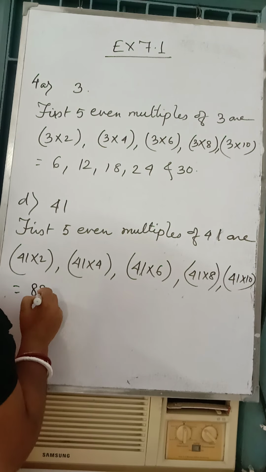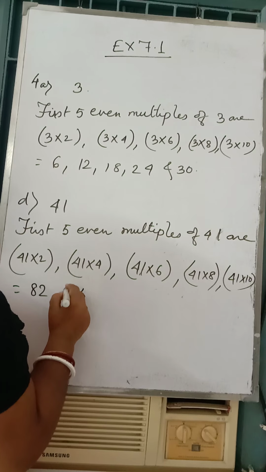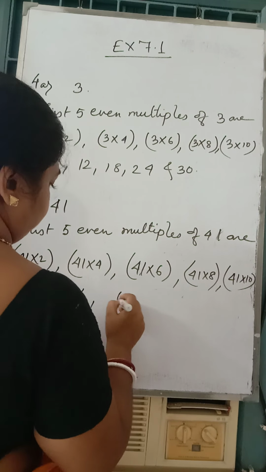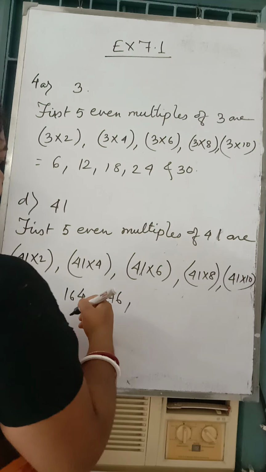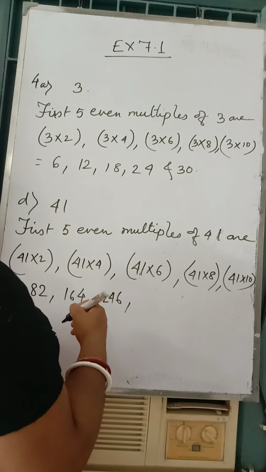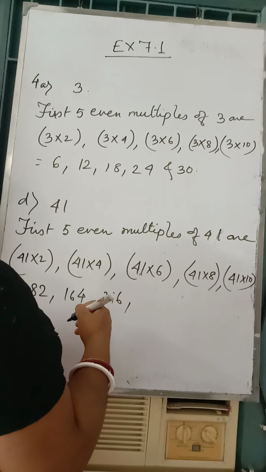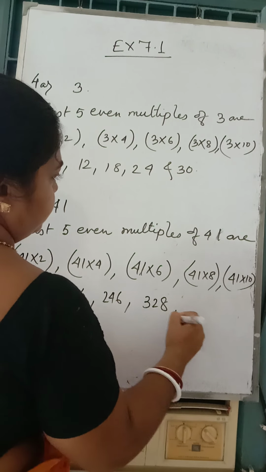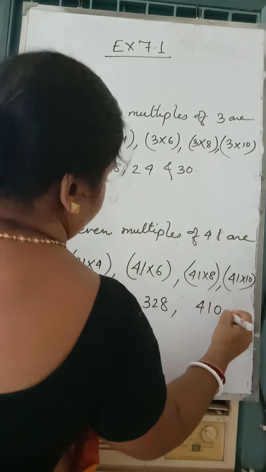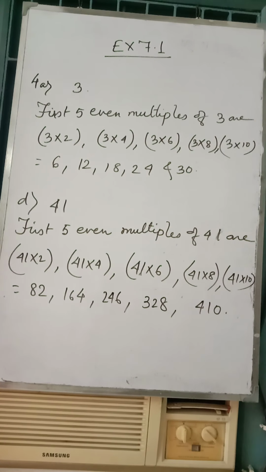So 82, 164, 246, 328, 410. So this is the way to write question number 4.